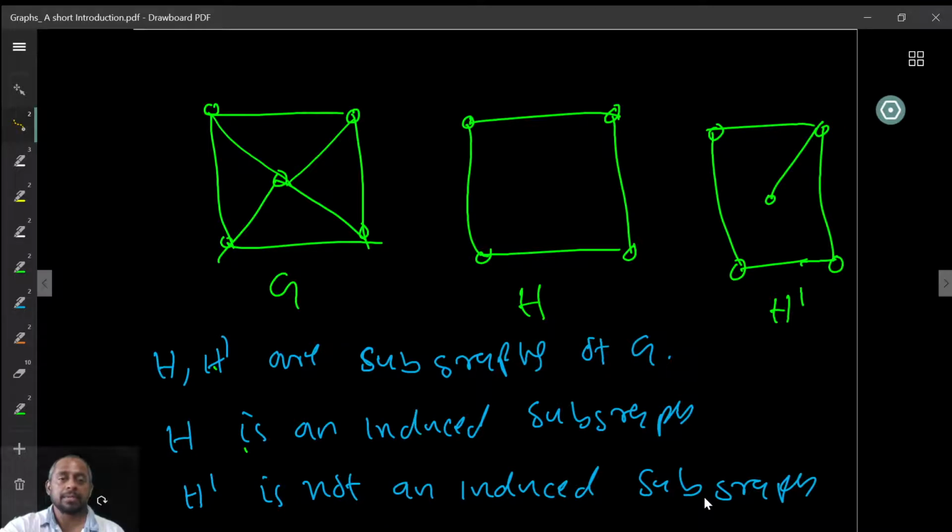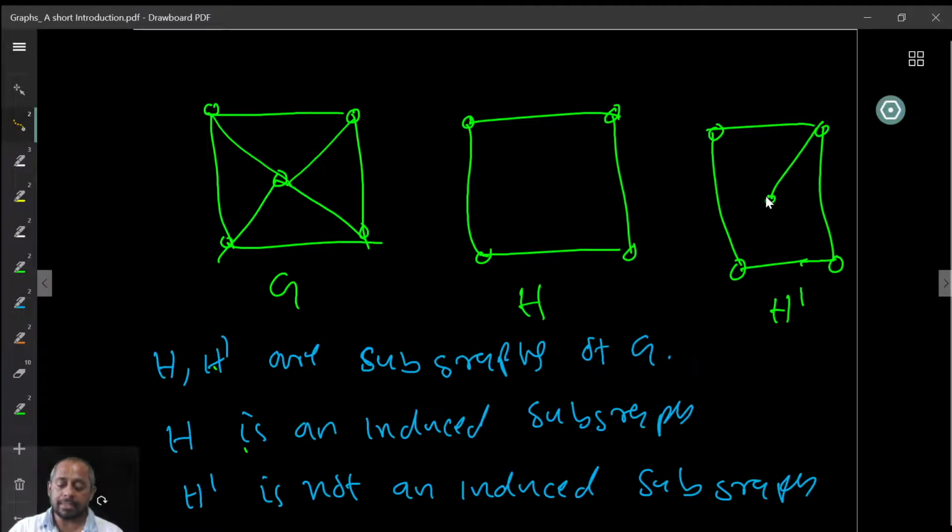Here are a couple of more examples. You have a graph G with two subgraphs H and H'. H and H' are both subgraphs of G, one can easily see. Now H is an induced subgraph because if you take the outer four vertices, all the edges between themselves are present in H. Now if you take H', on the other hand, H' has all these four vertices present, but it also has the middle vertex.